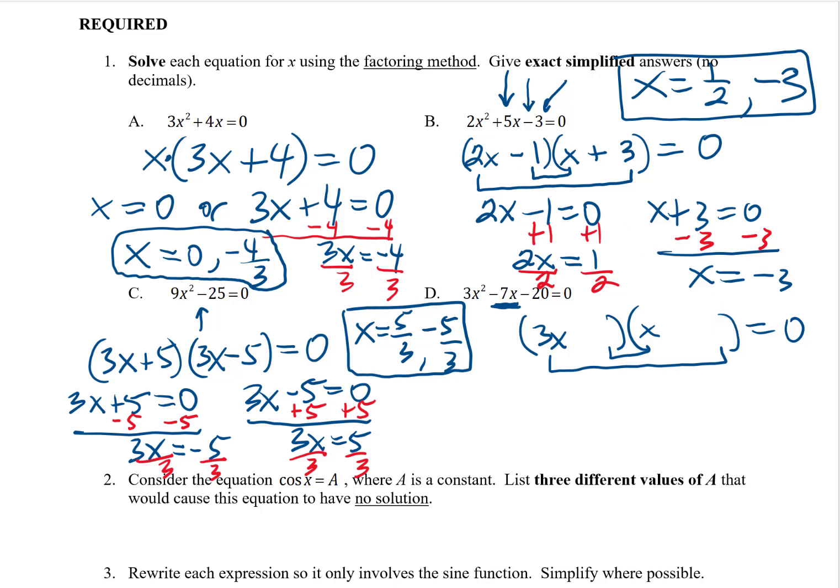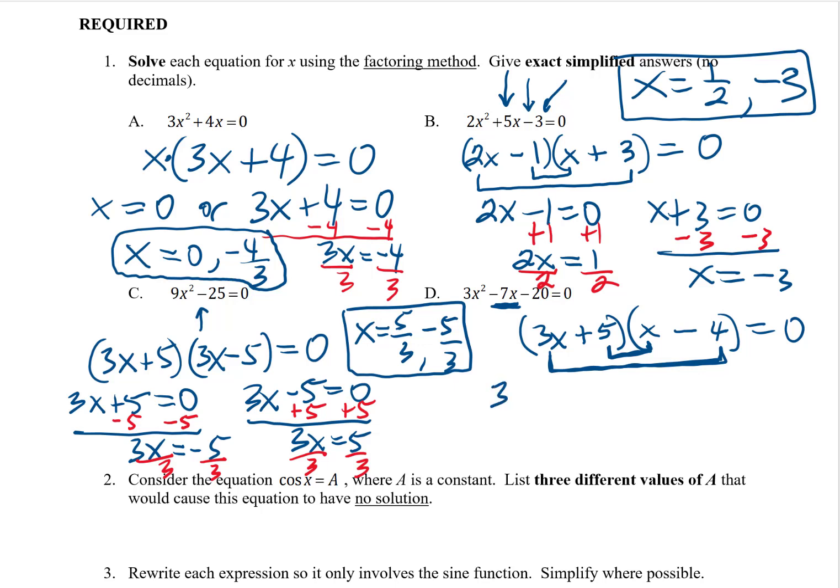What if I put the 4 here and the 5 here? I think that'll do it, because now I have a 12x for the outer and a 5x for the inner, I can make a 7 out of that. Now technically I want to make a negative 7, so I can do that with a negative here to make negative 12x and a positive here to make plus 5x. There's my negative 7x, and positive 5 times negative 4 is negative 20.